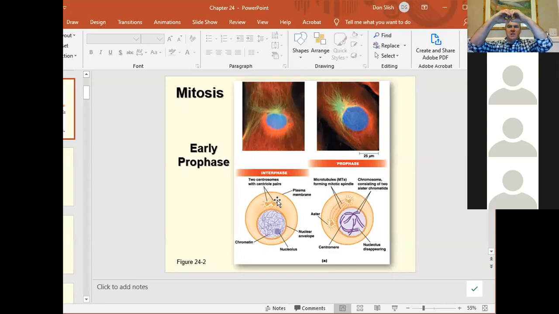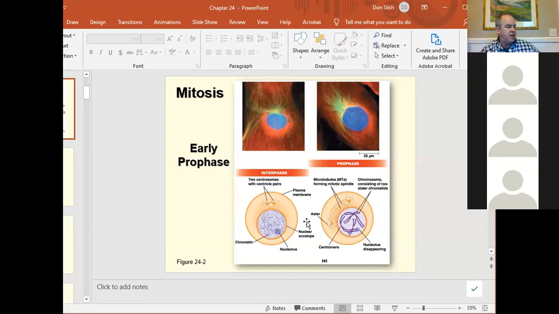And so they start out together and then they move down to the poles. So the astral microtubules are doing that. These centrosomes are shooting out microtubules to the poles, which then get grabbed by motors over there, and the motors pull them in. So that's what causes them to come down.